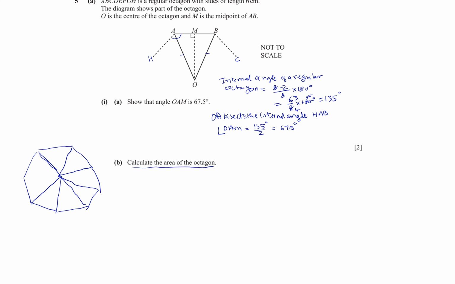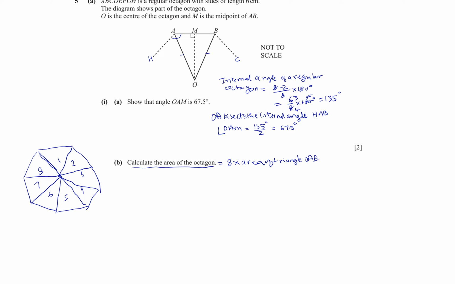They don't look congruent in my drawing, but they are. So 1, 2, 3, 4, 5, 6, 7, 8. If I can find the area of triangle OAB, then I can multiply it by 8. So the area of the octagon will be 8 times the area of triangle OAB.